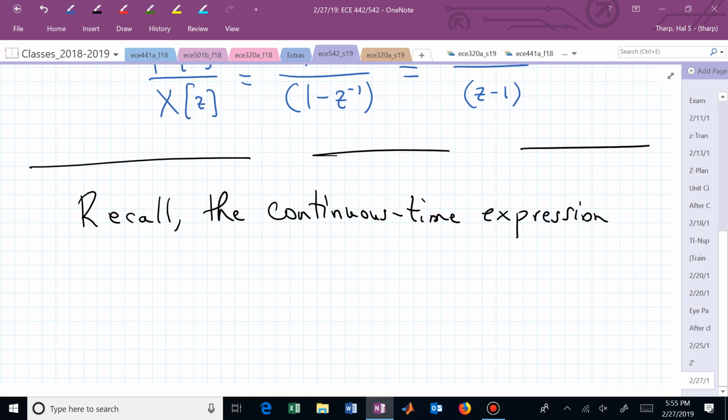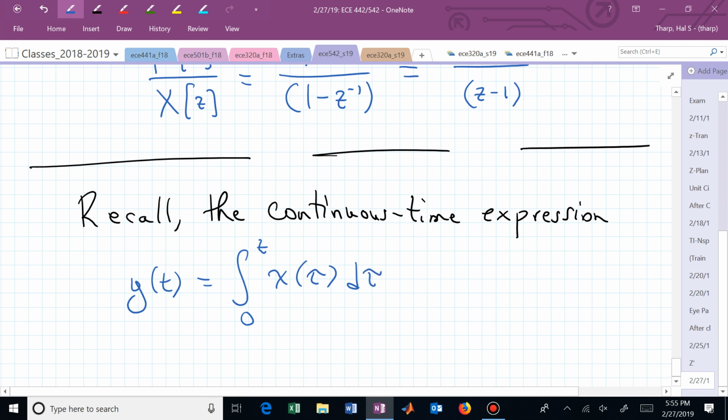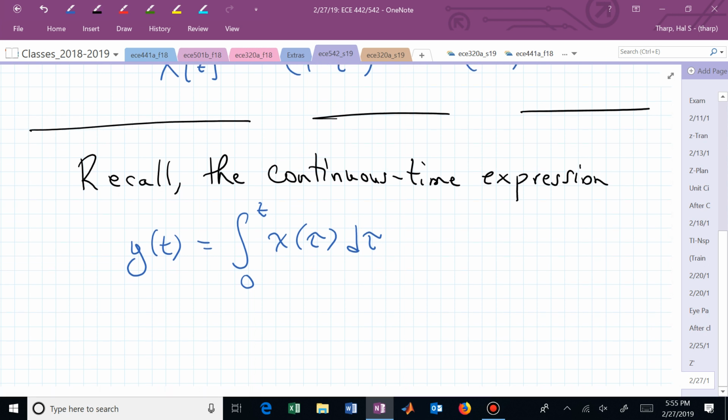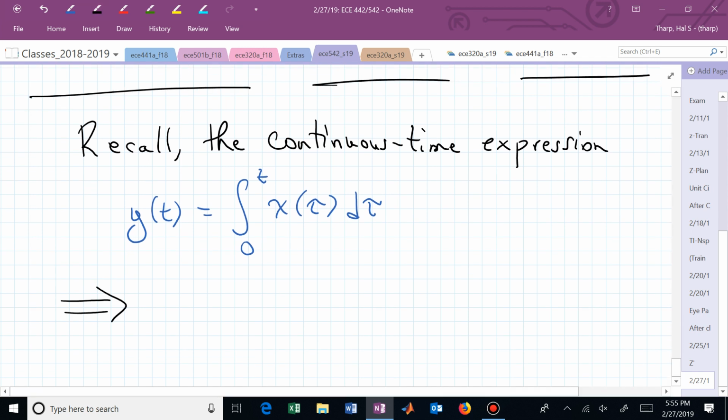In continuous time, we have y of t is equal to the area underneath the curve, where the curve is x. What if we now take that into the frequency domain, the s domain? If we Laplace transform that time domain equation, we then have for the left-hand side simply Y of s. And what's the Laplace transform of an integral?